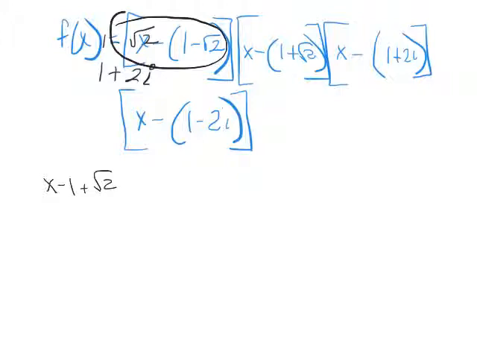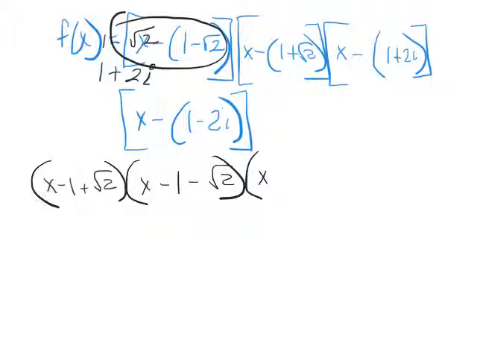I took the parentheses off, and because that's a minus, that becomes x minus 1 plus the square root of 2. And then I'm going to multiply that by, again taking off the parentheses, x minus 1 minus the square root of 2, times, again, taking off the parentheses, and then the bottom one, x minus 1 plus 2i.